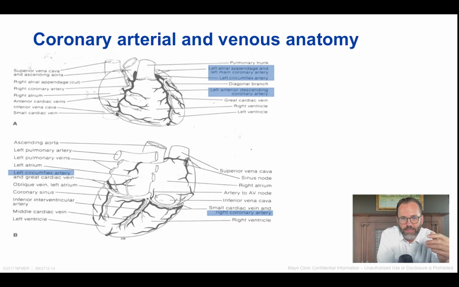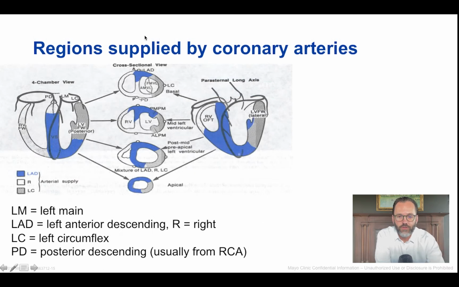I think the important parts that I would like you to be able to name and be familiar with because of the clinical relevance would be the left main coronary artery, the left anterior descending coronary artery, the right coronary artery, and then the left circumflex artery. And those are the primary arteries that we know are going to be the suppliers of major portions of the ventricular tissue.